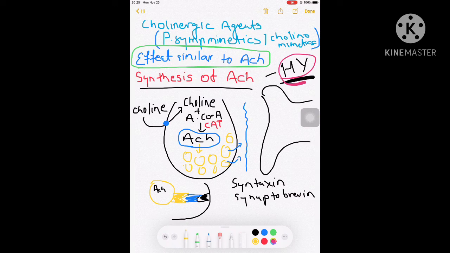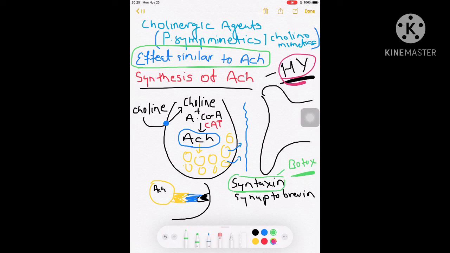One important point about the syntaxin and synaptobrevin proteins is that the toxin known as botulinum toxin, available as Botox for medical use, digests away the syntaxin protein.